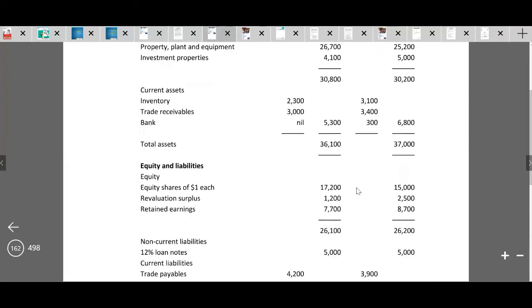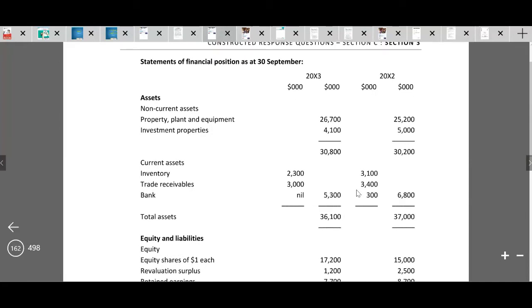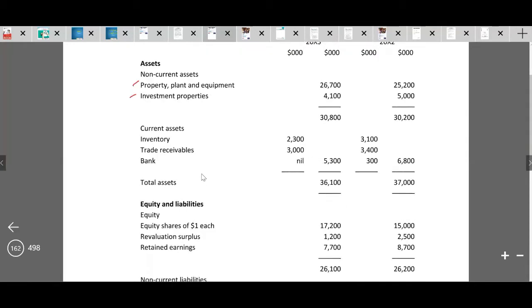Then on the next page you have the statement of financial position, again for 2 years. You have the property, plant and equipment. Remember, in the exam you have to make sure when you are making the statement of cash flows that you are reading the exact years. On the right hand side it is 20x2, on the left hand side it is 20x3. Plant and equipment is increasing from 25,200 to 26,700, and investment property is decreasing from 5,000 to 4,100.